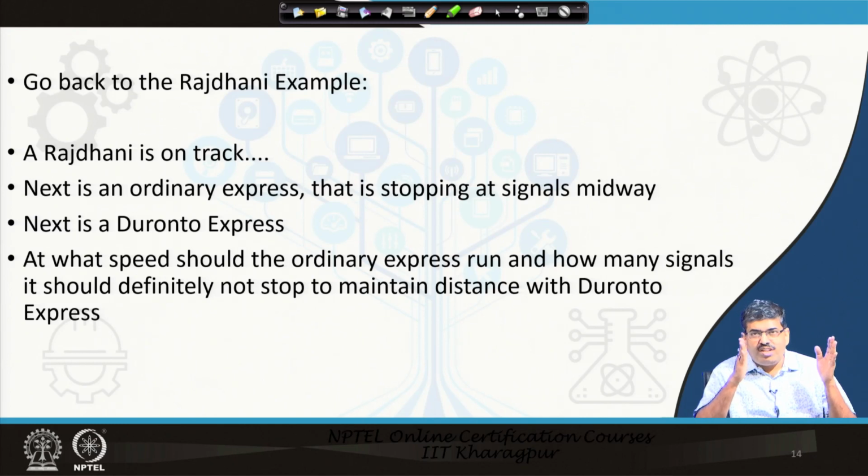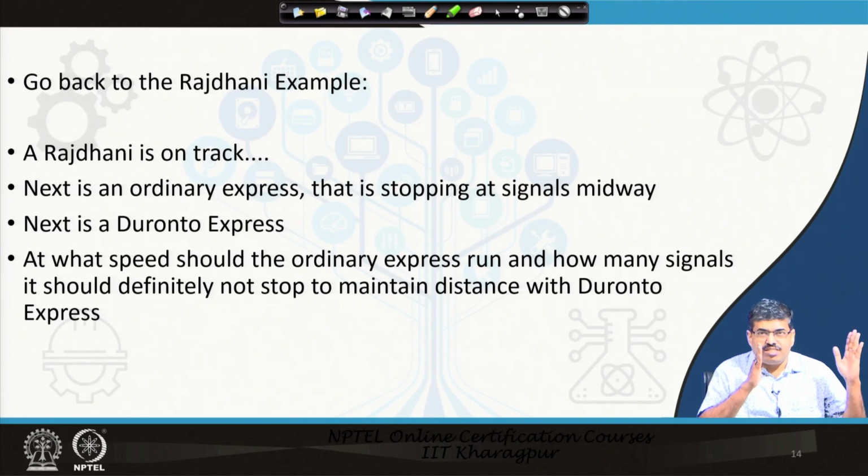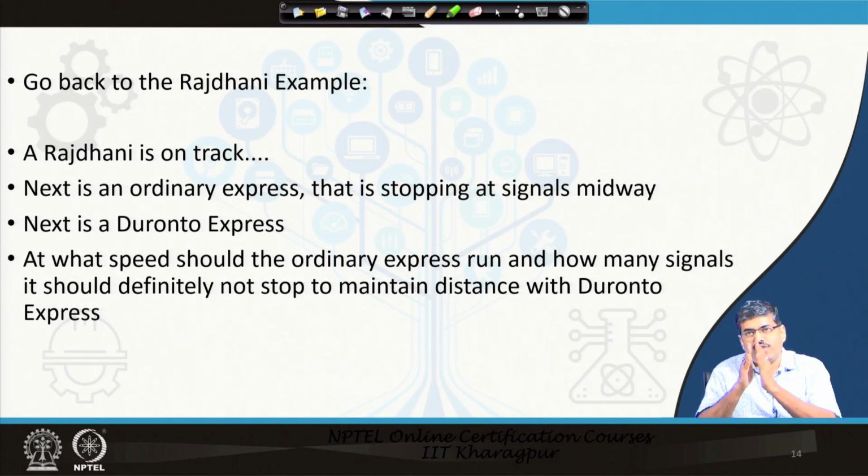The gap between Rajdhani and the ordinary express is increasing, because the ordinary express is stopping at different signals, but the one behind is a Duronto. So, originally here is the Duronto, but now because this train keeps on stopping at signals, the gap between the Duronto and this one is coming closer.